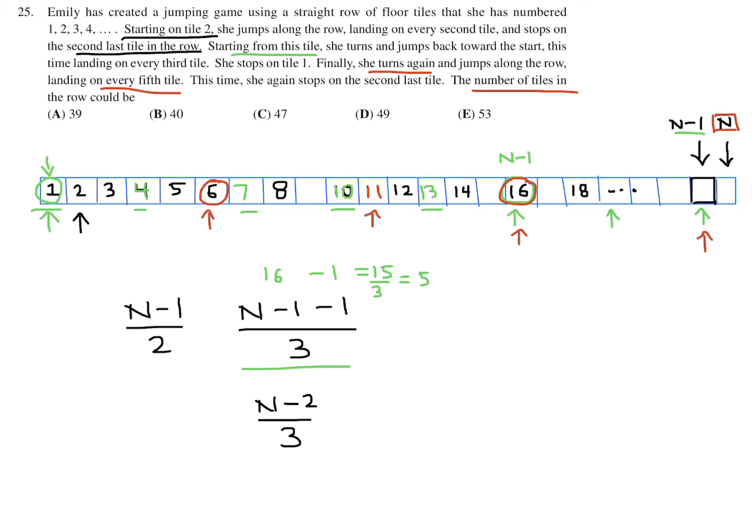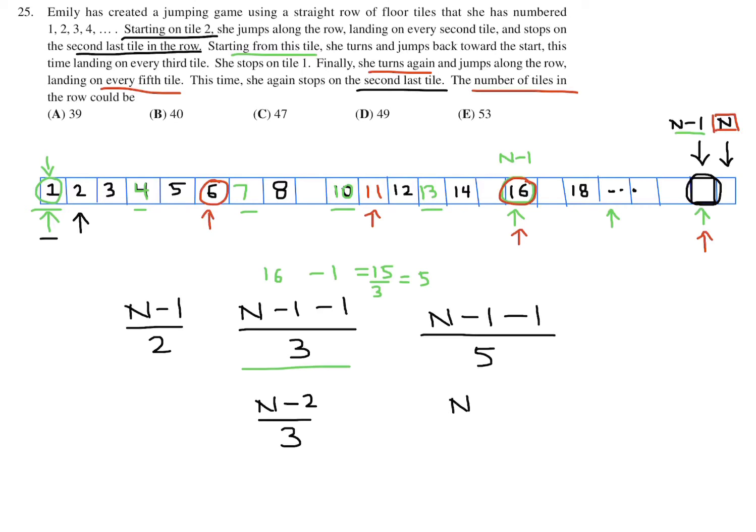She's going to eventually land on the second last tile, n minus 1. So she ends up right back there again. So that means that n minus 1, which is where she lands, minus the first tile, has to be divisible by 5. That's the only way this could work, because she's making a jump every fifth tile.